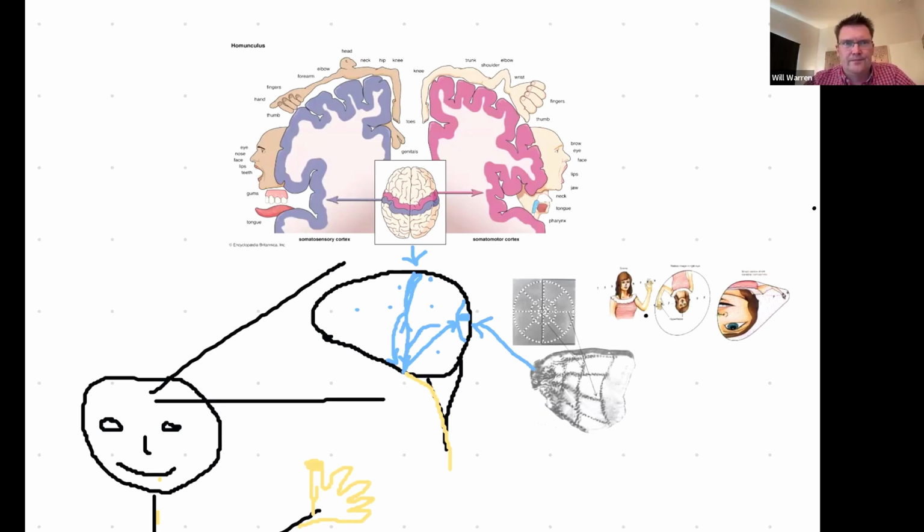At the point of the fingertip itself, it doesn't know too much. The brain knows it's coming from the fingertip.